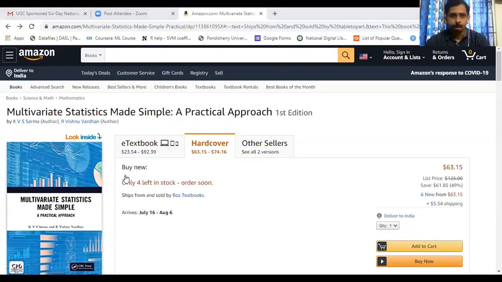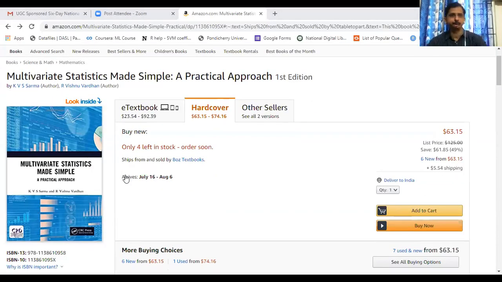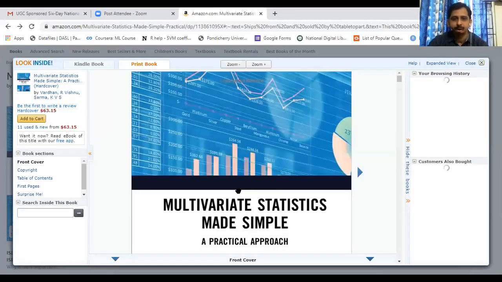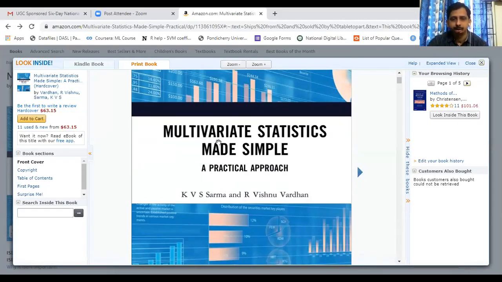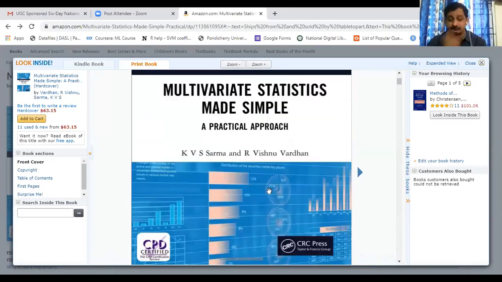You are looking at one textbook, Multivariate Statistics Made Simple: A Practical Approach, which was written by me as well as my professor. K.V.S. Sarma is my guide, under whom I did my PhD, and together we worked to make multivariate statistics simpler. Totally, we have worked with real data sets.